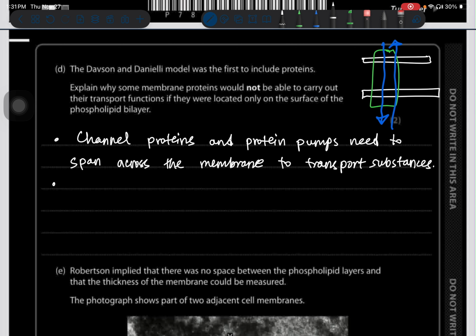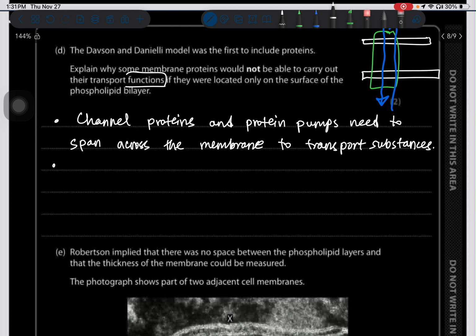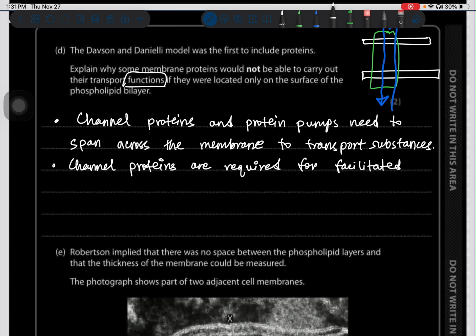Okay. Now let's write what their transport function is. Channel proteins are required for facilitated diffusion. This is because this type of diffusion requires a channel protein for the movement of substances.